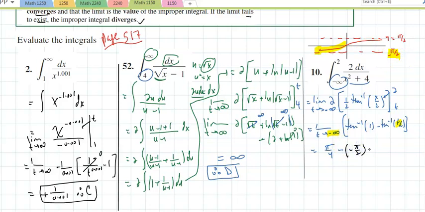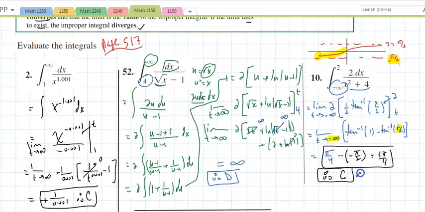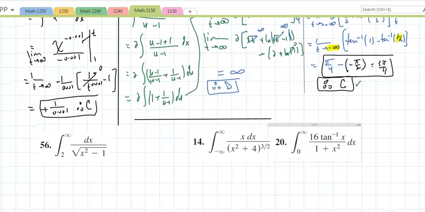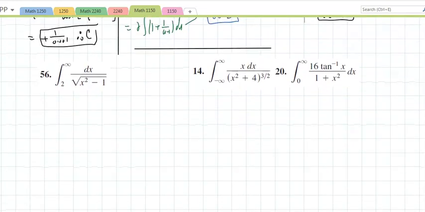No need to simplify, you could say that's 3 pi over 4, but that's not going to matter. That's a finite value. Automatically, you would conclude there, therefore, this integral converges.